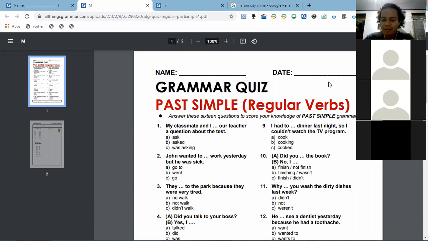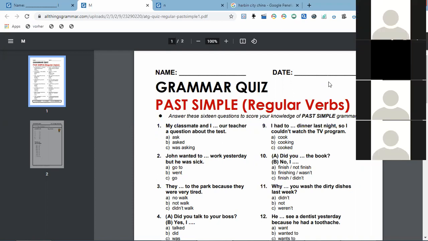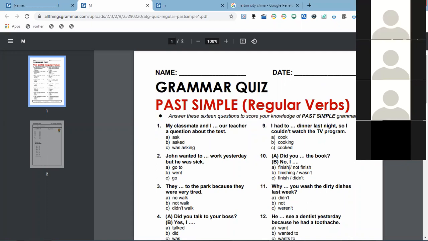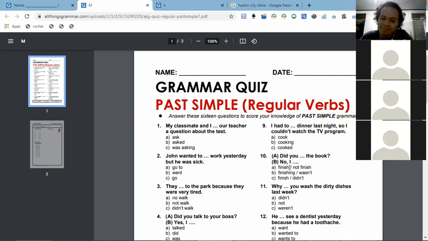Number 10. Putri, can you do number 10? Okay. Did you blah blah blah the book? No, I blah blah blah.